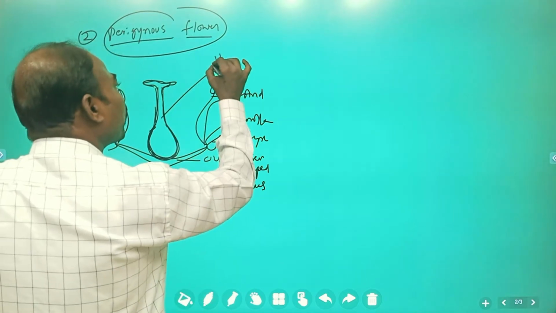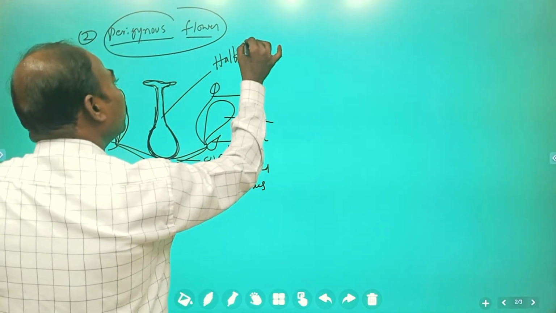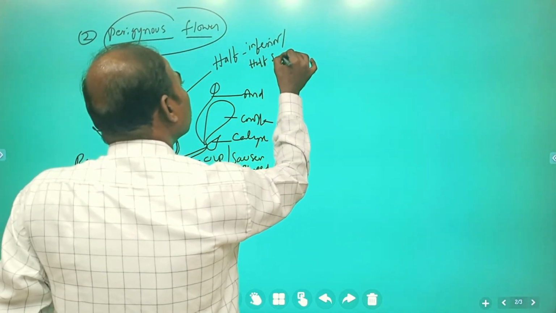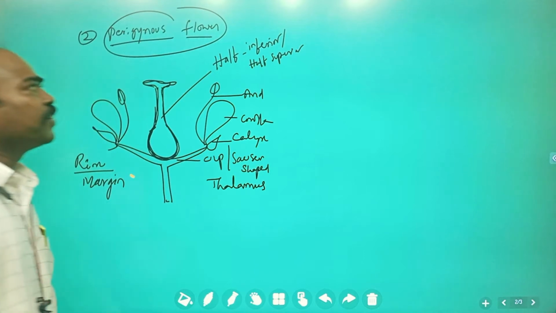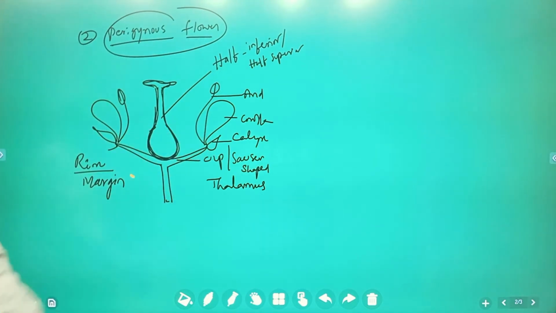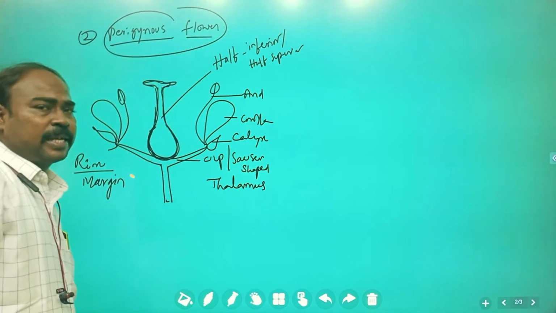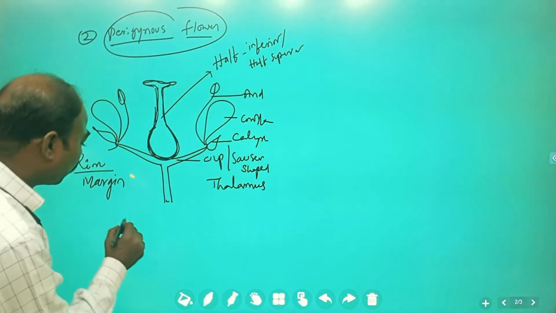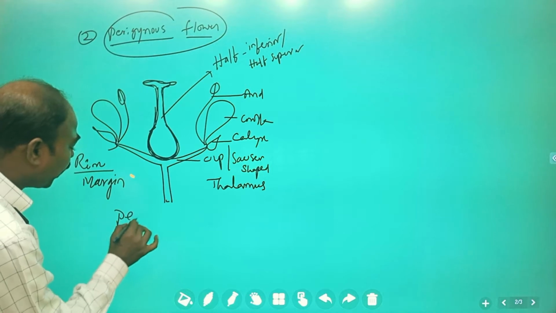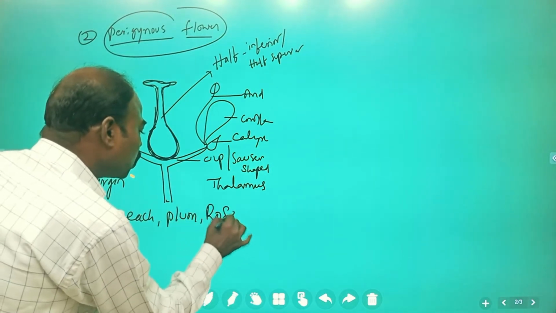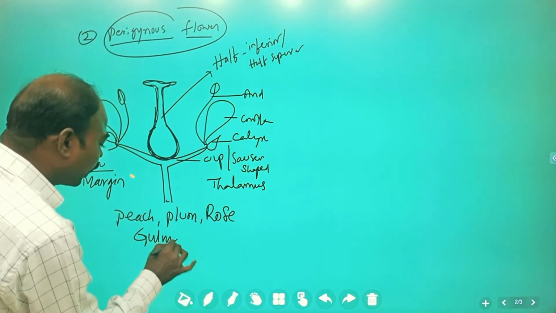Here, the ovary is said to be half inferior or half superior, because the gynoecium as well as the remaining parts develop at the same level. For example, peach, plum, rose, gulmohar.